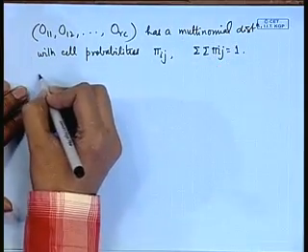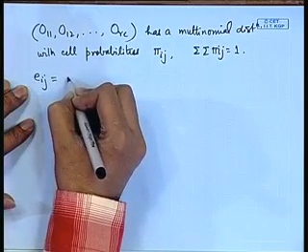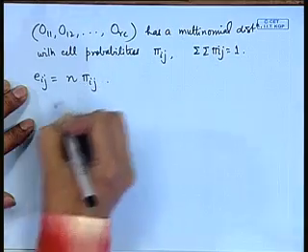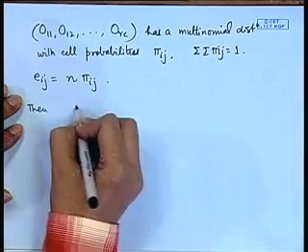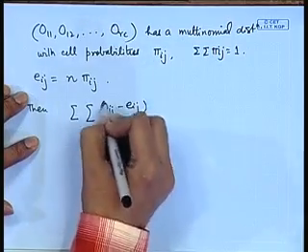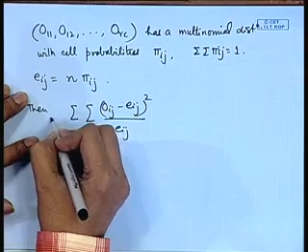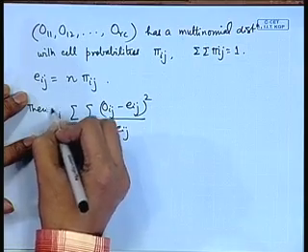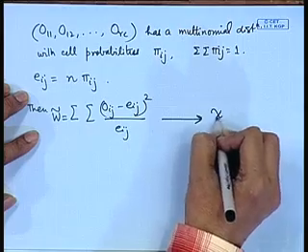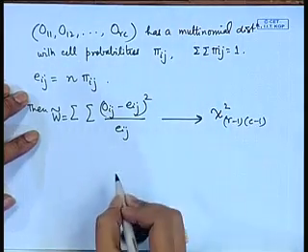So, using the previous argument, if I define Eij equal to n times pi ij, then the double summation of (Oij minus Eij) square by Eij, let me call it W tilde, is asymptotically chi-square distributed on (r minus 1) into (c minus 1) degrees of freedom.